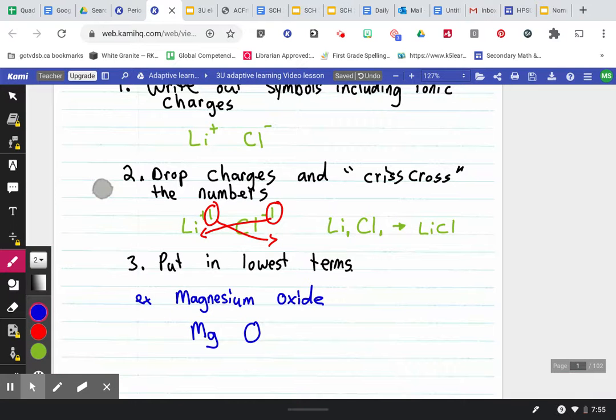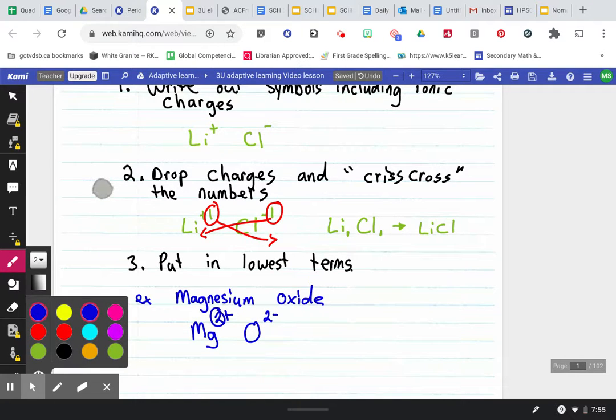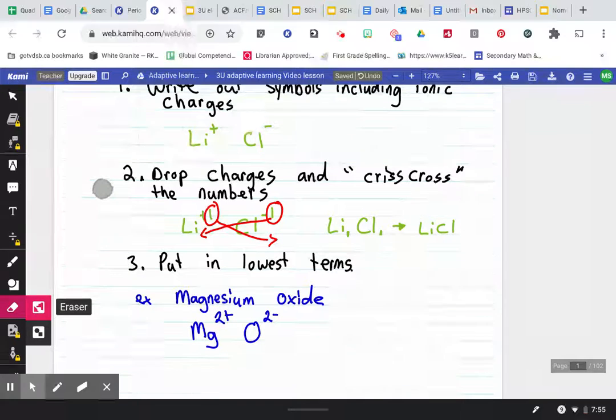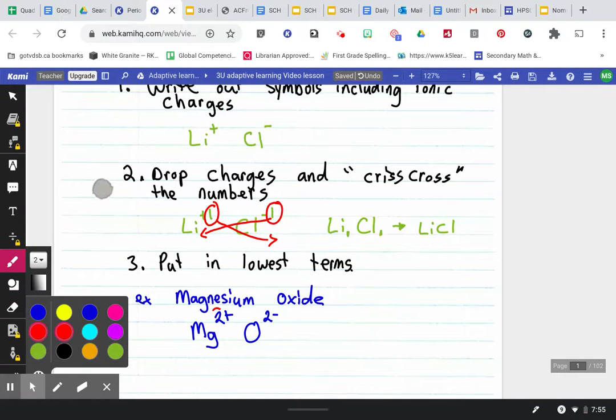So I'm going to write my charges in: 2+, 2-. So we drop our symbols and cross our numbers. So this 2 comes down here, and this 2 comes down here.